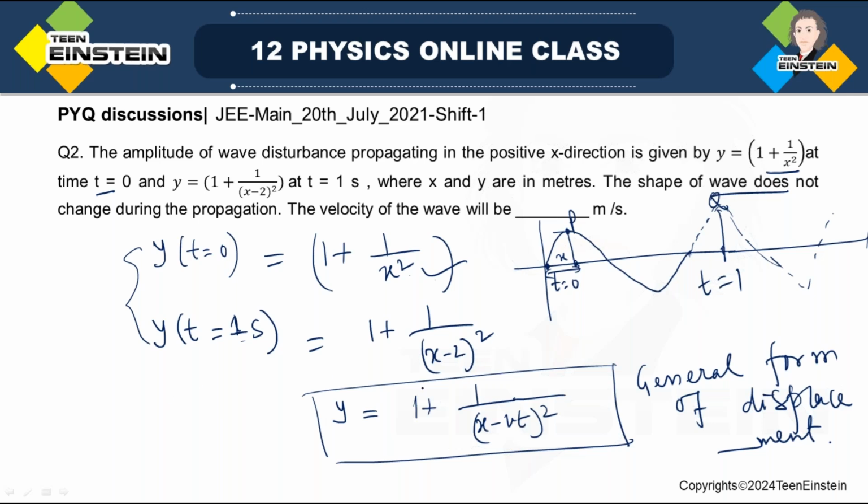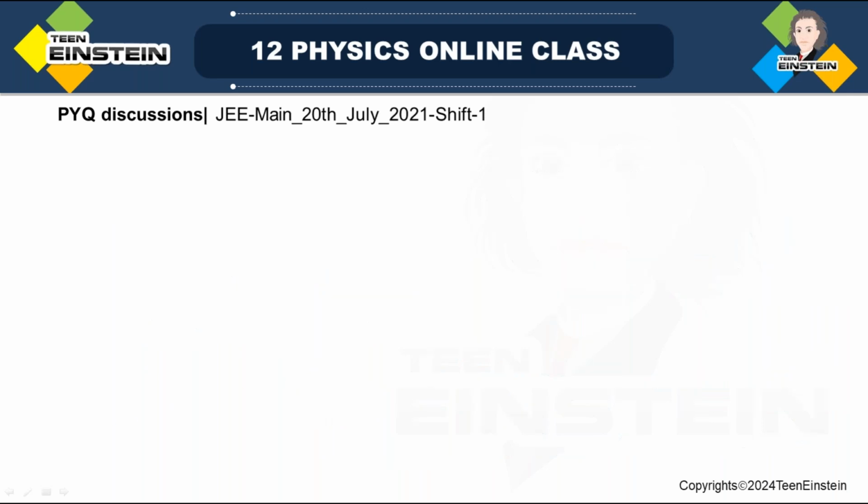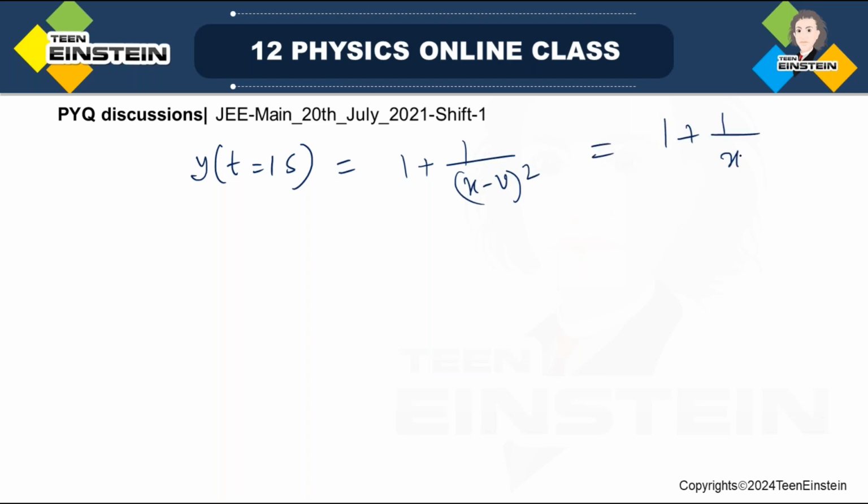Now if we compare these two at t is equal to 1, what we get is 1 plus 1 over x minus v whole square, which is exactly equal to 1 plus 1 over x minus 2 whole square.